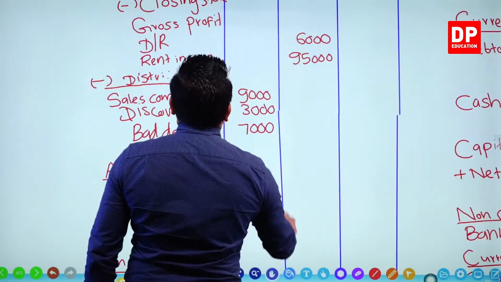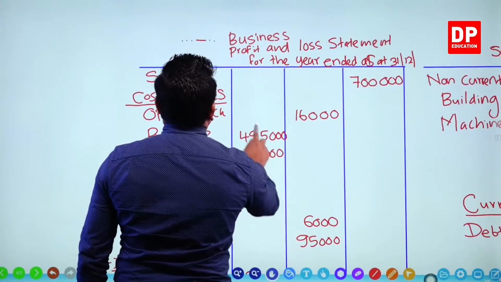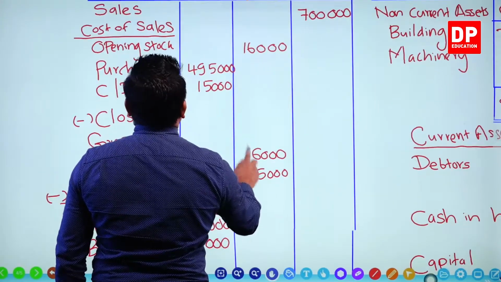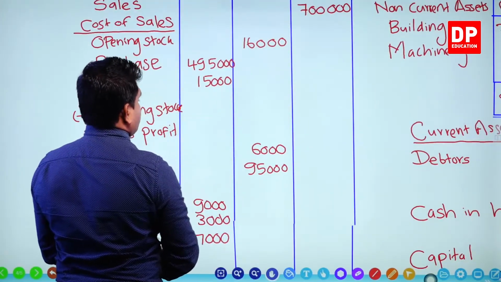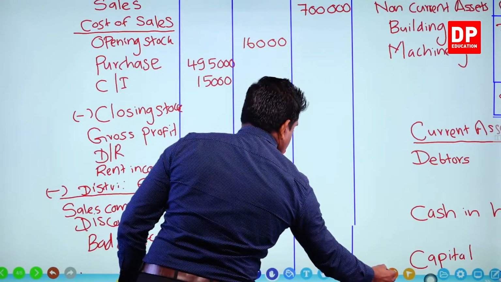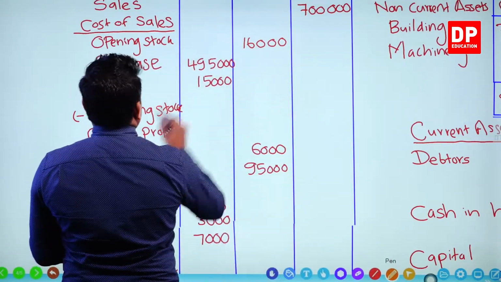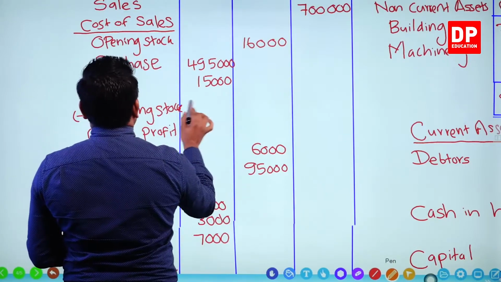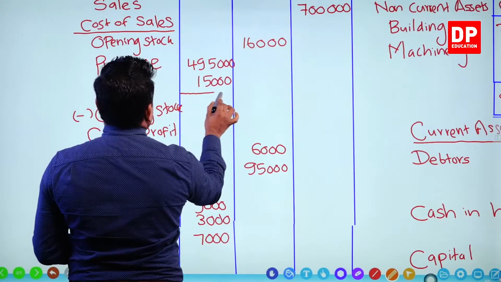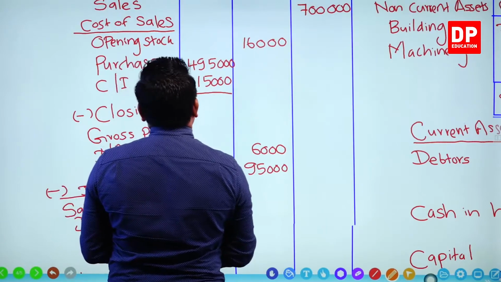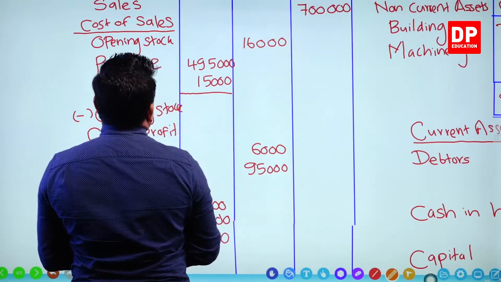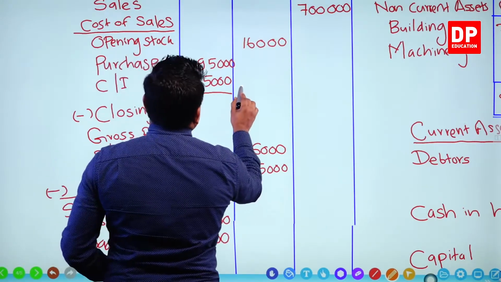Now everyone, pay your attention here only regarding the profit and loss statement, right? Opening stock 16,000, purchase, you add these two, then you can bring it here for 95,000. Then how much? 510,000.